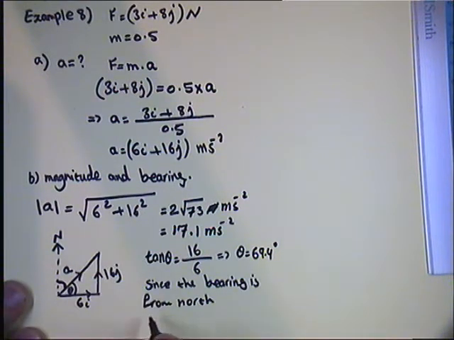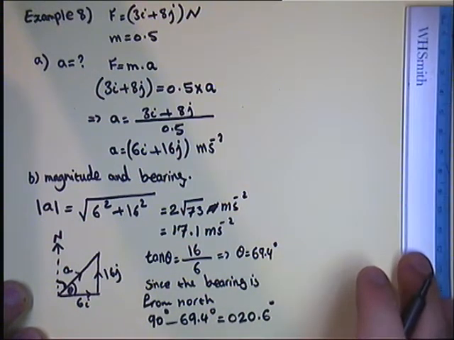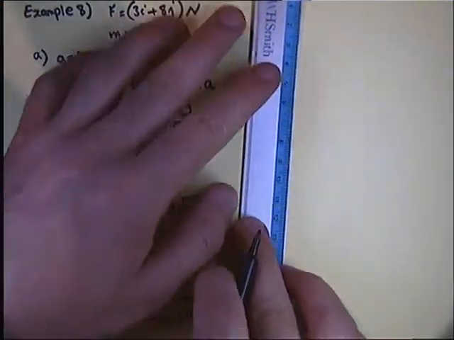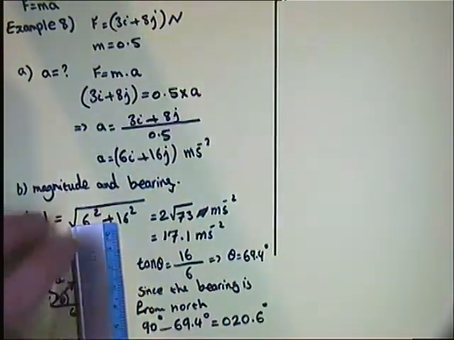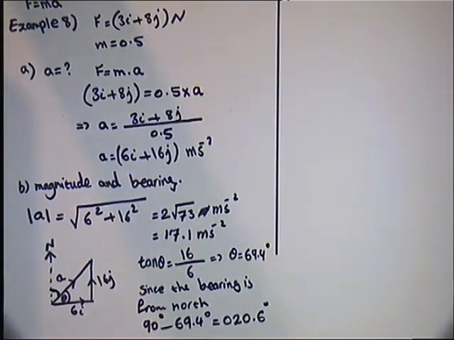The bearing would be 90 minus theta, which is 90 minus 69.4 degrees, which equals 020.6 degrees. Okay, end of example 8.